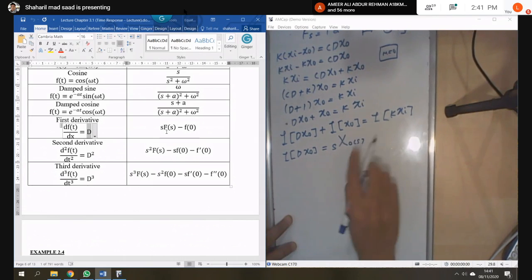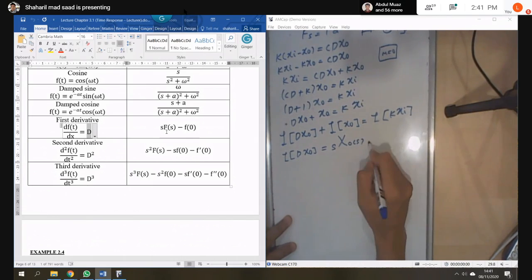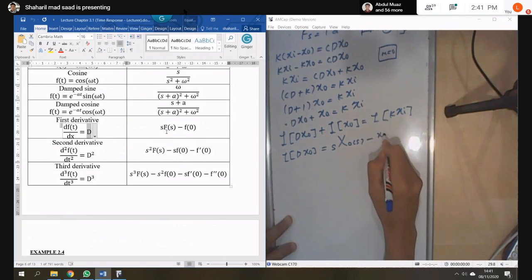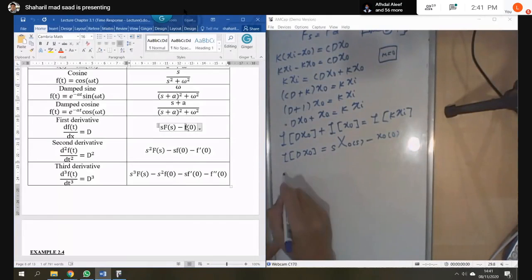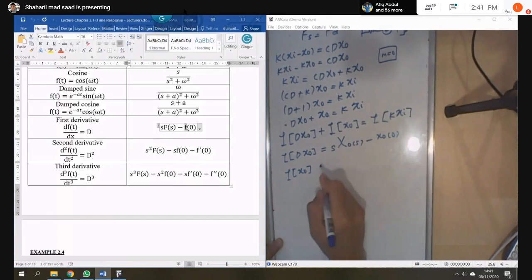Now you can put Laplace s, and then minus x naught. This one, the f will be small letter x naught, and then 0. Okay, done. And then you Laplace x naught here. Of course, you will get capital letter X naught of s.